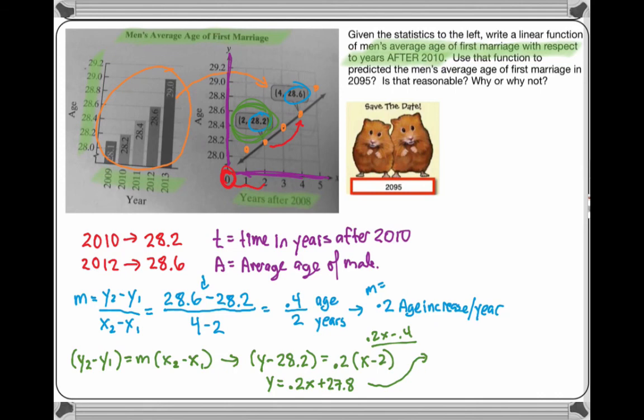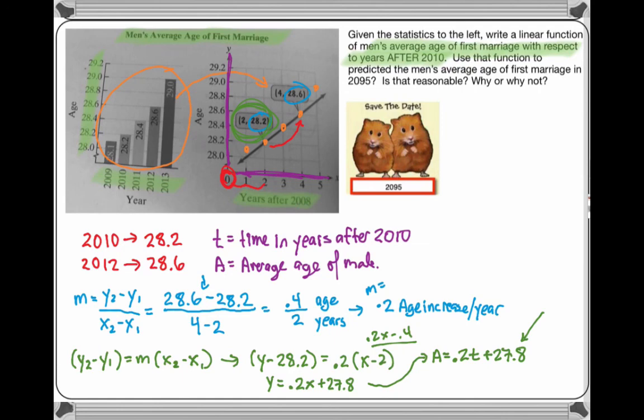So we got the average age is going to be A equals 0.2t plus 27.8. Okay, so by doing this out, we can also make an inference that a good predictor of what it was in 2008, which is the y-intercept, would be 27.8, their average age for their first marriage.